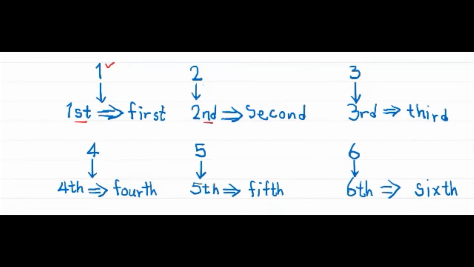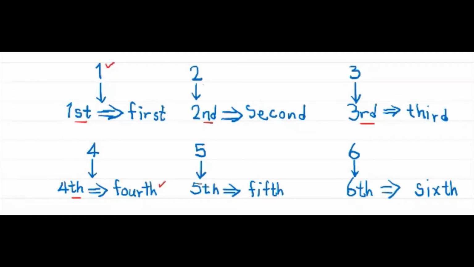Now, 3 being the third number, we write it with RD, and call it third. Now, 4 being the fourth number, we write it with TH, and we read it as fourth.